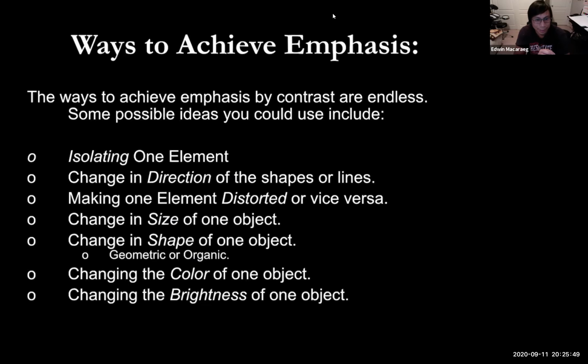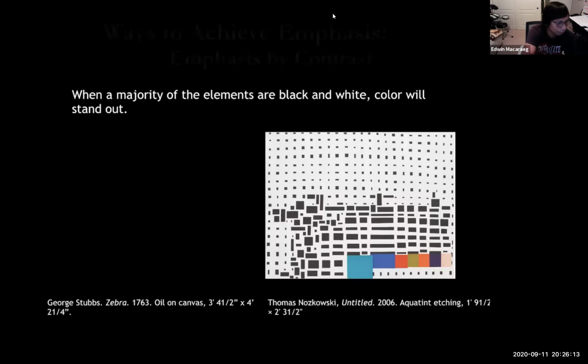You could change the size of an object, you could change the shape of an object. The shapes can be either geometric or organic. You can change the color of one object, or you can actually change the brightness of one object. So there are many ways. These are just a list of some, but there are so many ways you can create a type of emphasis.